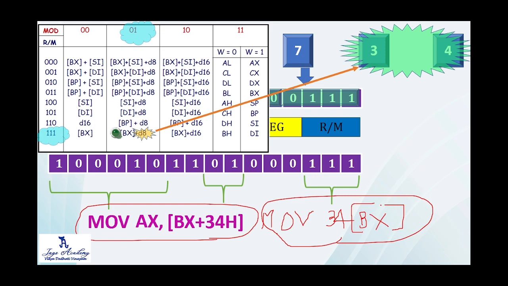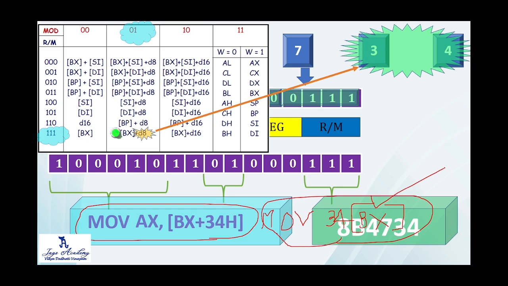So your decoded machine instruction is this one. All of you understood how to convert a machine instruction to an assembly instruction. This is your assembly instruction corresponding to this machine instruction. We will see the next example in the next video.